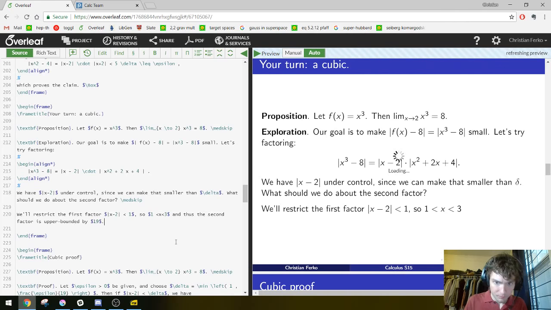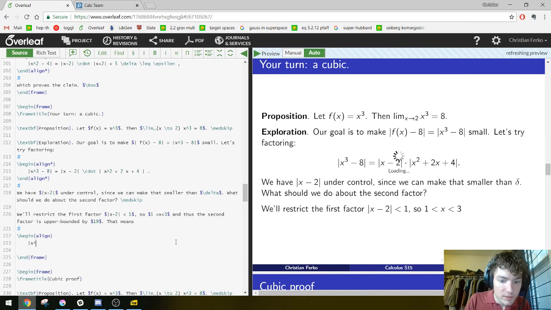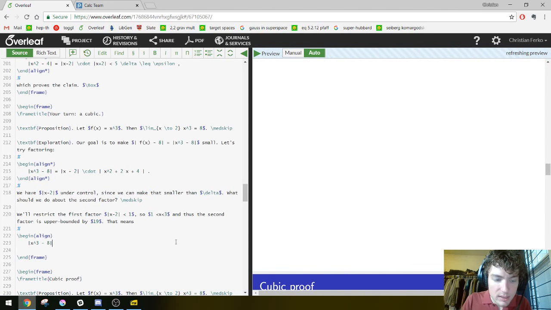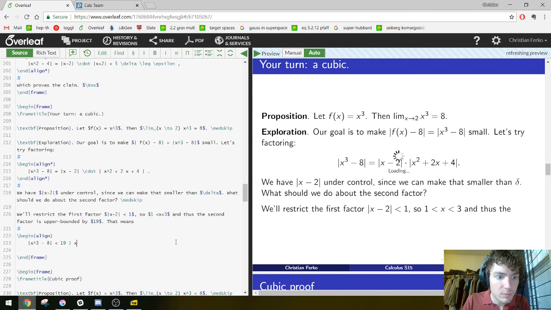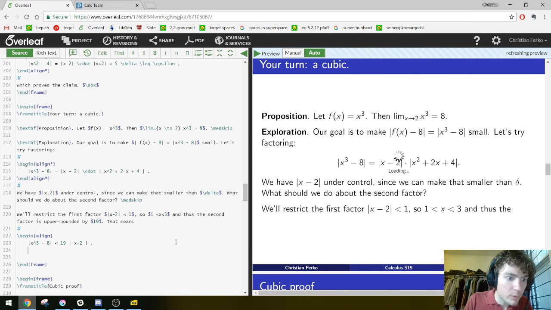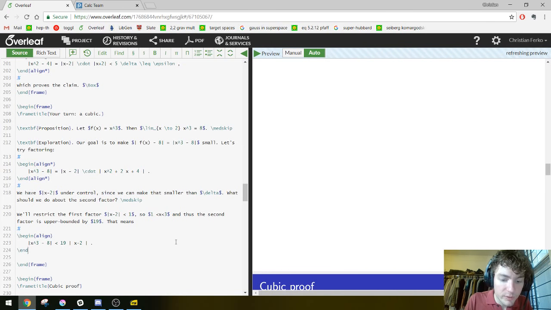Okay, so the absolute value of x cubed minus 8 is less than 19 times the absolute value of x minus 2, which means now we're closing in on the proof.